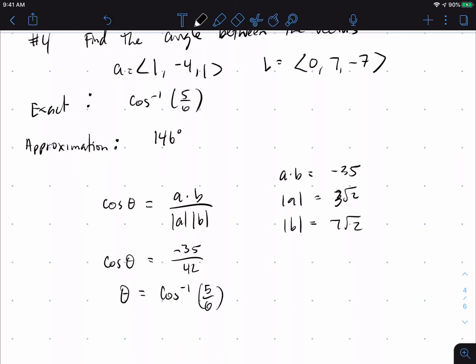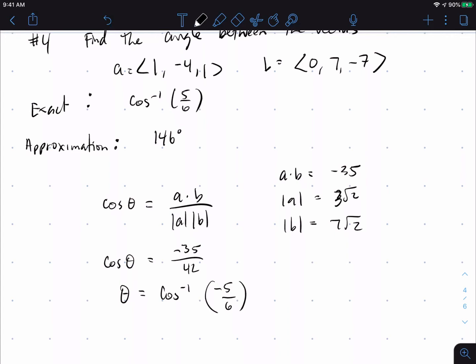Are we okay with that? Would the 5 over 6 be negative? Oh, yes. It should be negative. Thank you. Yeah, there should be a negative there. In fact, clean that up. All right, are we okay with that?